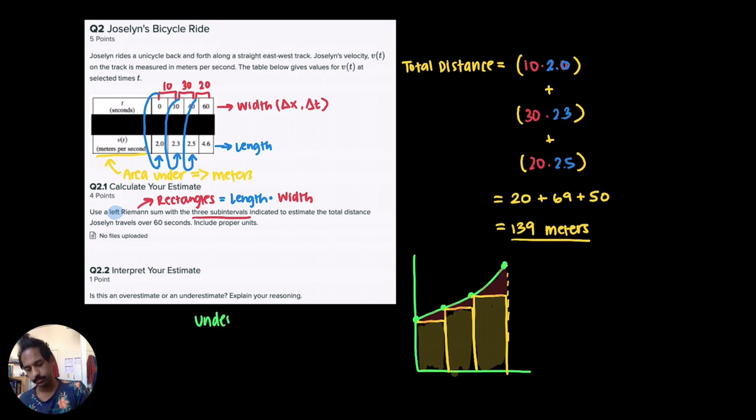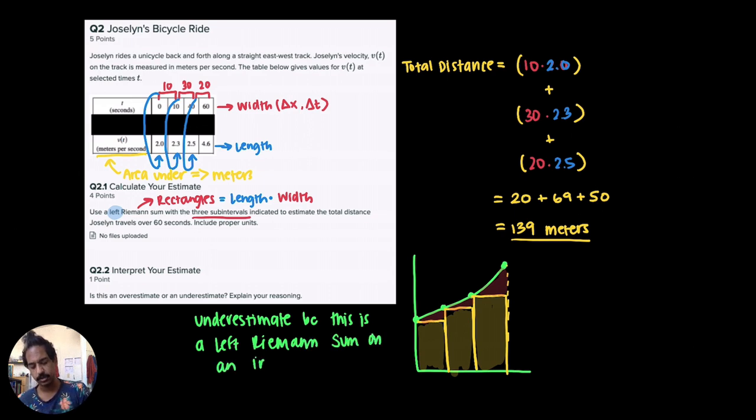Underestimate, because this is a left Riemann sum on an increasing function. So, Jocelyn probably rode a little bit more than 139 meters, but we don't know exactly how much. We're just going based off our estimate on the table.